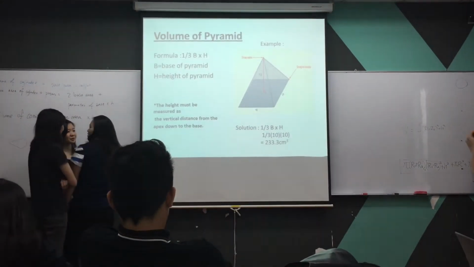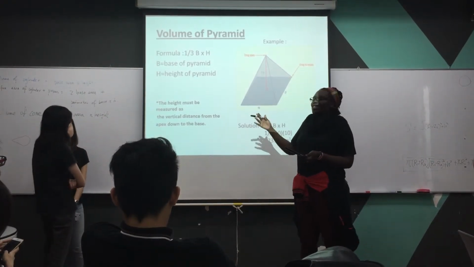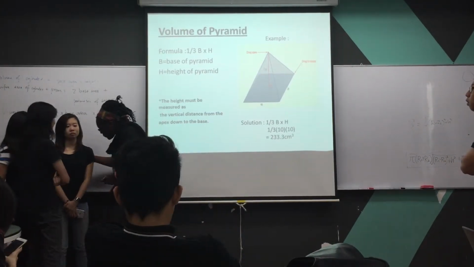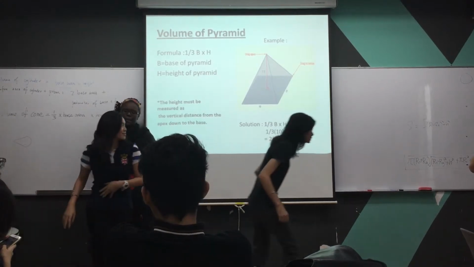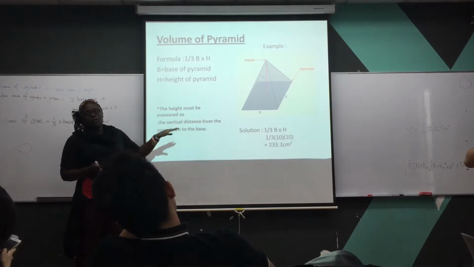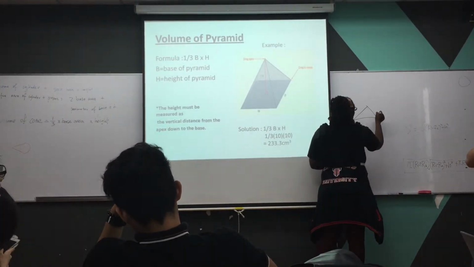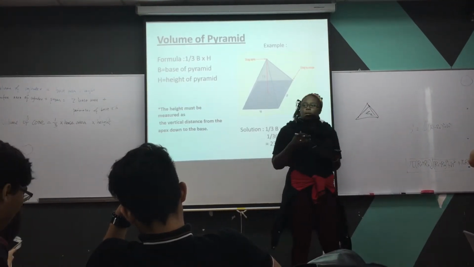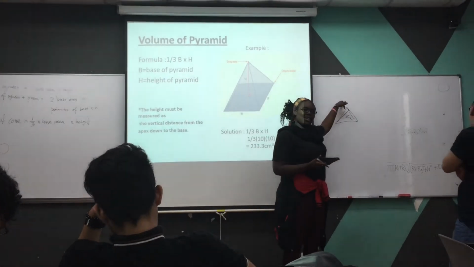Okay, so I'm going to talk about the volume of a pyramid, which is exactly the same as the volume of a cone: a third times the base area times height. But the difference is that it depends on the base itself. Let's say the base is a triangle. The formula would look different because you're trying to find the base area of the triangle itself, and then its height.